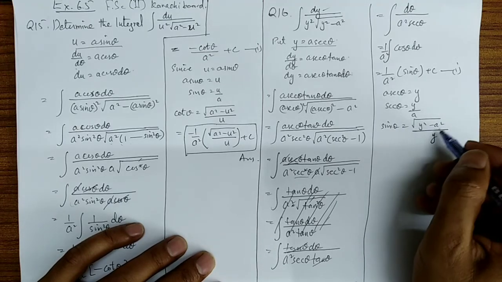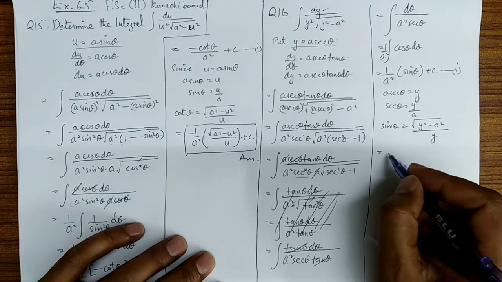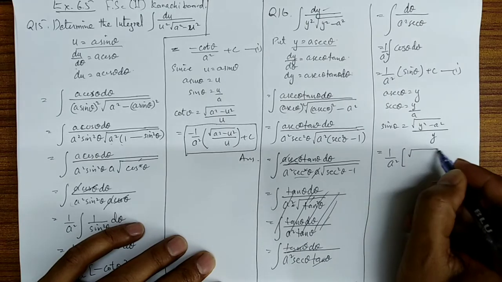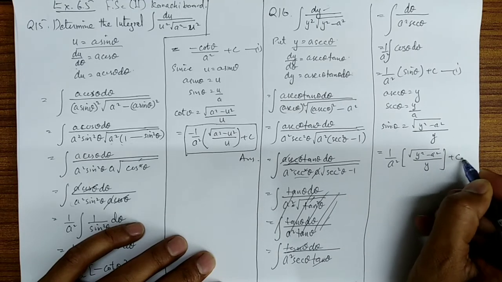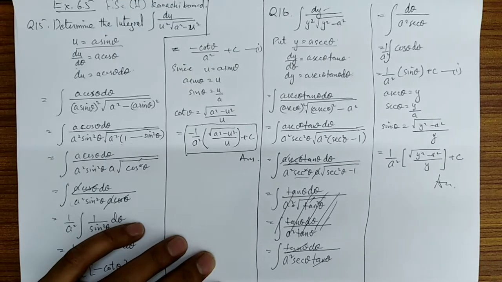So by putting this value in place of this sin theta, our answer will be 1 upon a square, that will be root of y square minus a square upon y plus c. So this is our final answer.